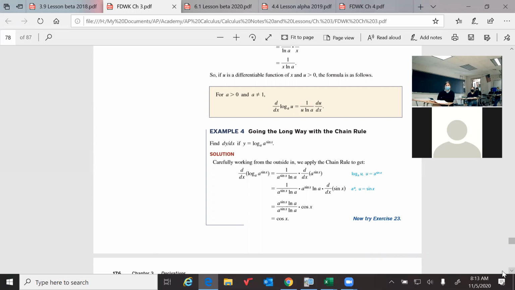What exponent do you raise a to? So you end up with a raised to sine x. It's not a trick question. Sine x. Thank you. So the question is a fancy way of saying, what's the derivative of y equals sine x? If you look down here, you get cosine x.